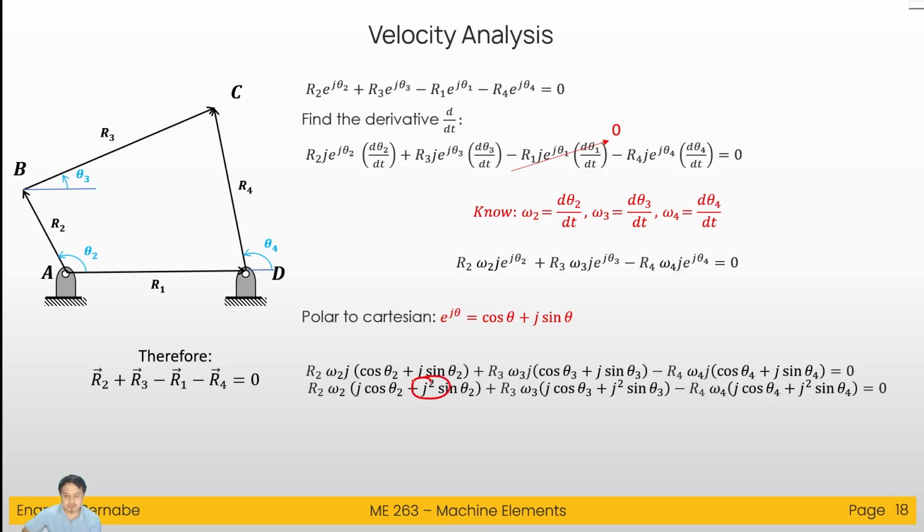So this will be j squared, and we know that j squared in complex numbers, if you have i, i squared is equal to -1 and so on. So i cubed is negative i, and i to the 4 is 1. Basically this is the same thing as i and j, whether you use i or j as notation for complex numbers.